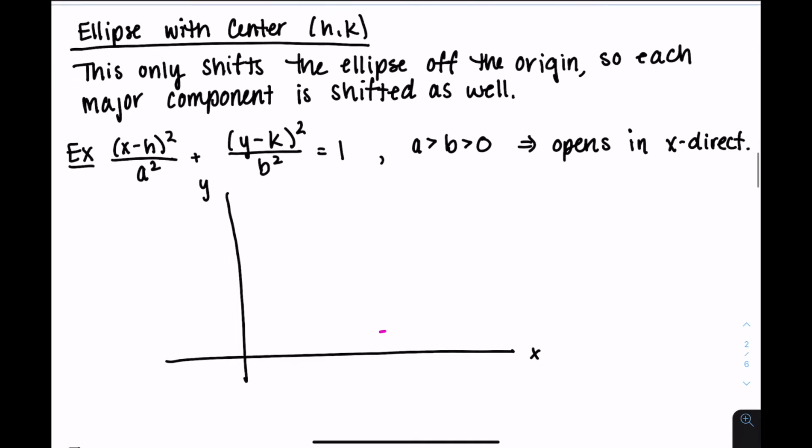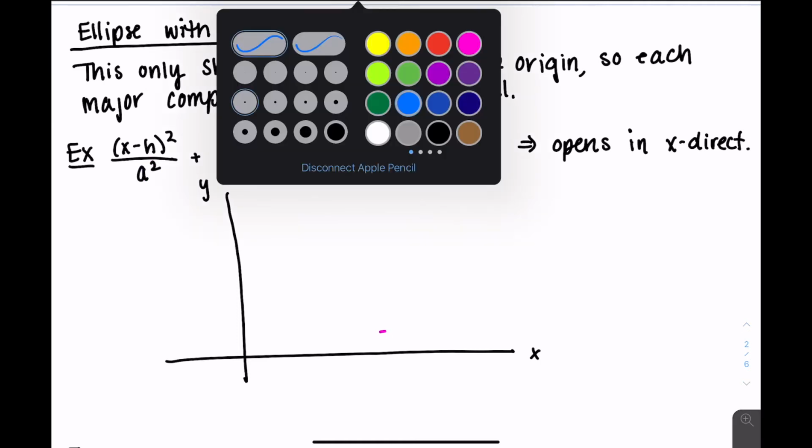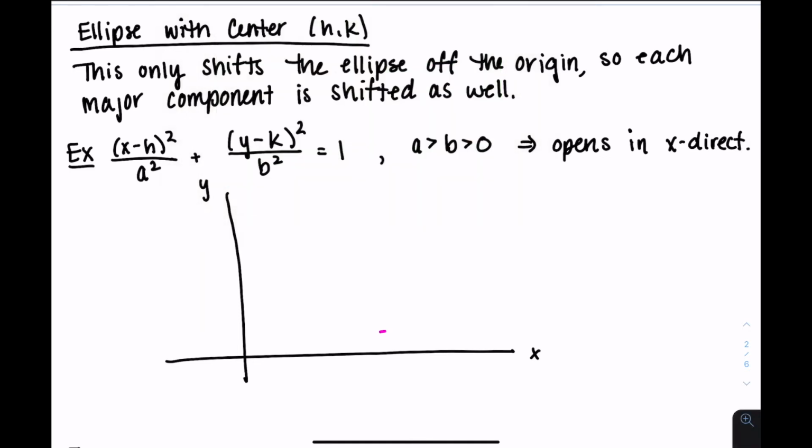So instead of trying to write all of those formulas and make it a little bit gross, I'm just going to consider the case where you have a squared as the larger quantity, so everything is going to open in the x direction. First I want to plot that center. So we've got (h, k) right here in the center.